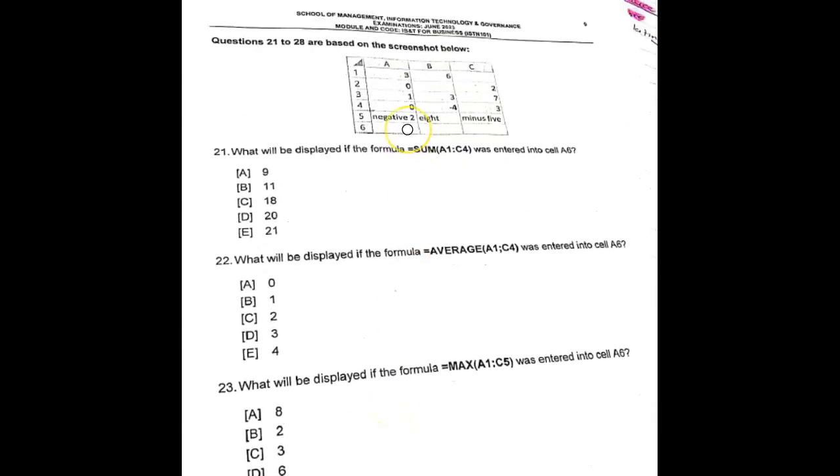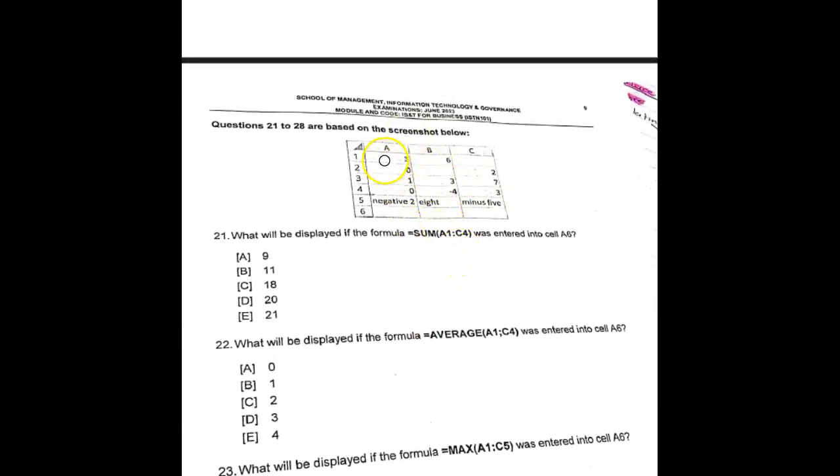Now, what is the sum function? So sum A1 to C4 means every cell from A1 to C4. So this whole thing here, everything basically. When you say sum, you're going to sum all numbers. So I'll ignore this, and I'll ignore this because they're not numbers.